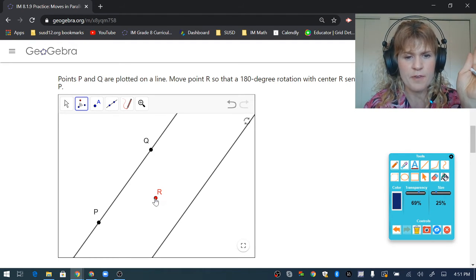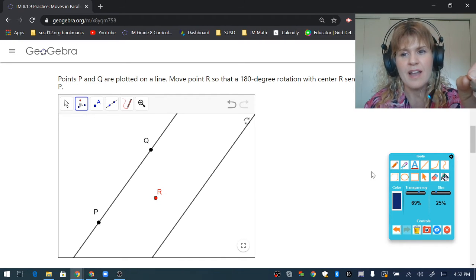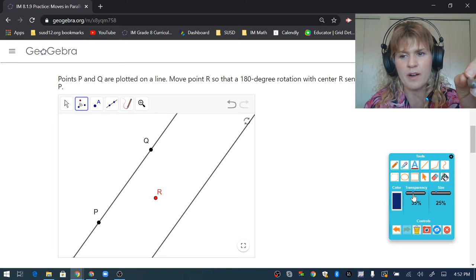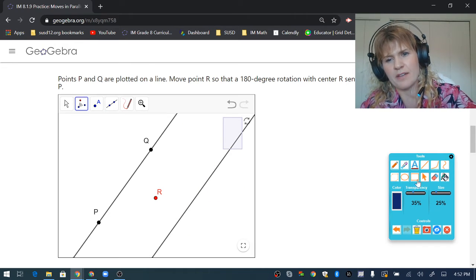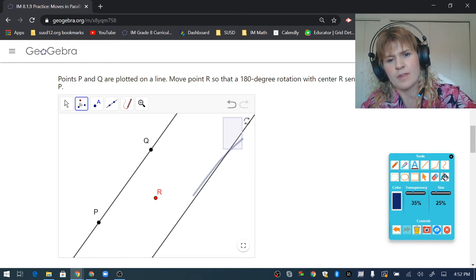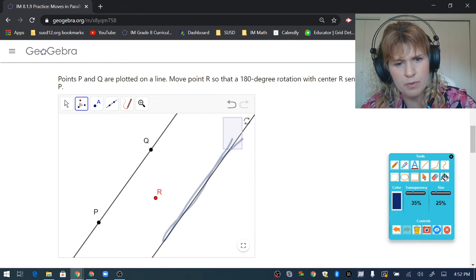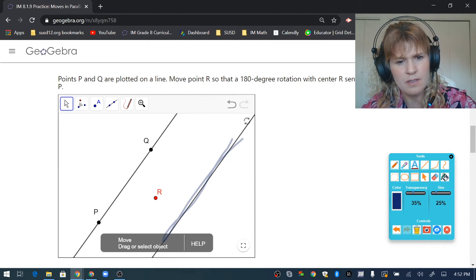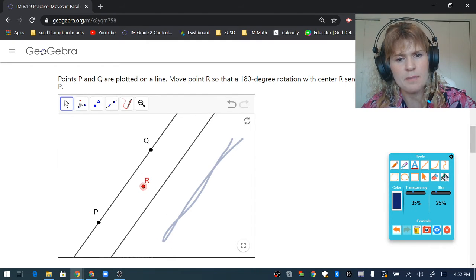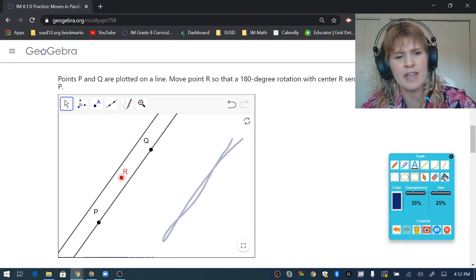So first, if you have a point not on the line, then the image is somewhere on the other side of the point, like right here. As we move this point, the image becomes closer and closer. Bing! Look at that. When we are on the line, then the line is rotated right on top of itself.